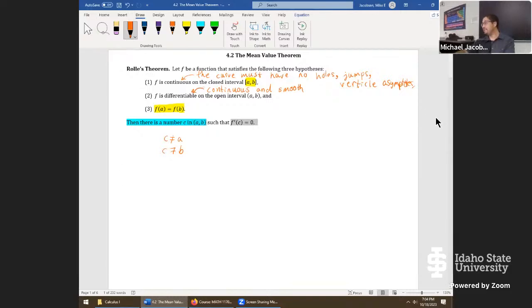It even tells us more. It tells us that critical number doesn't only exist, it must be inside that interval from a to b. We can say here, there exists a critical number, and that critical number is bigger than a and less than b. So that's finally the content of Rolle's theorem.